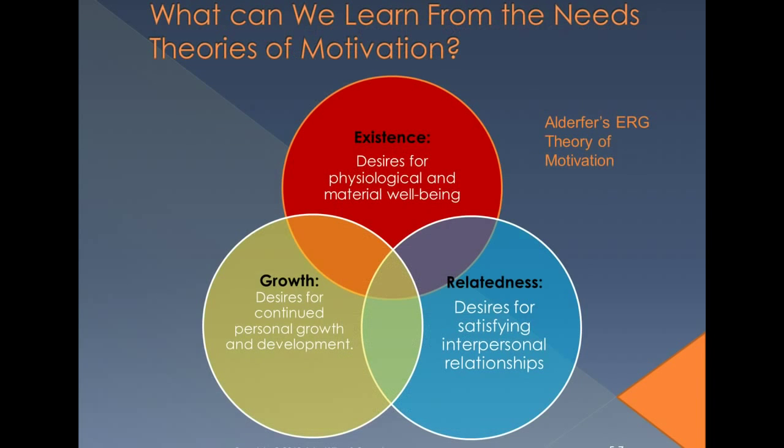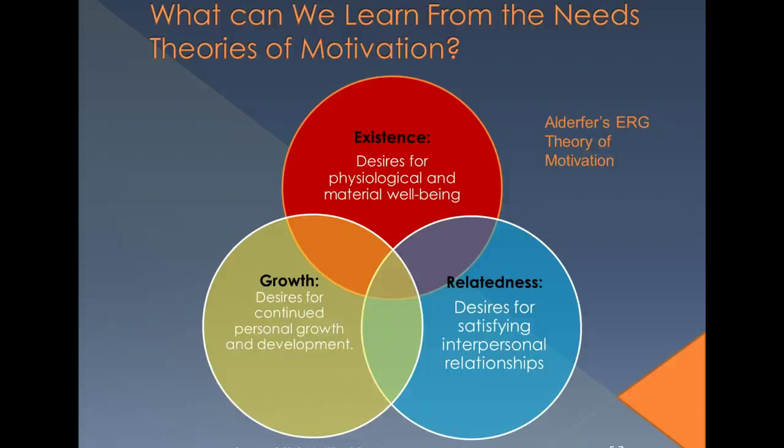Okay. So what we can learn from these theories, here's another theory of motivation. We have existence, desires for your psychological and material well-being. So this is more physical, where you are right now, and you want to be well situated. There's also desire for growth.